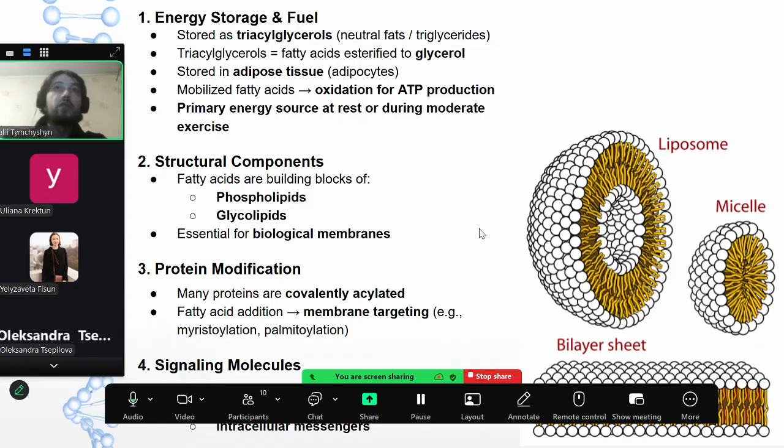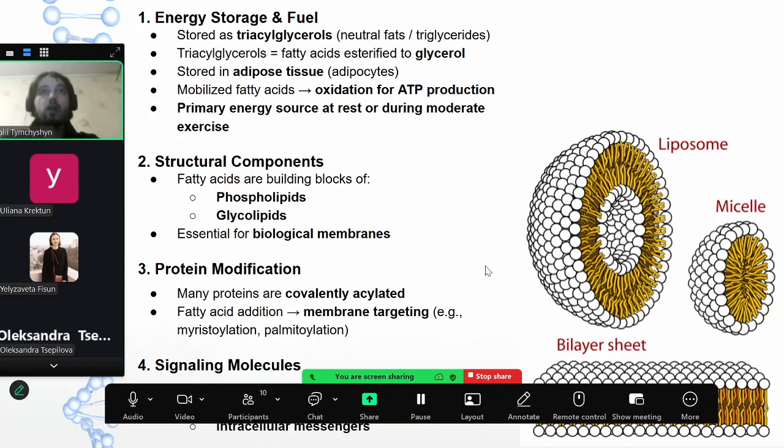So first of all, we can store triacylglycerols, or different neutral fats, and these are, as you might guess from the name, fatty acids that are connected with glycerol, and they are stored in the adipose tissue, whose cells are called adipocytes.